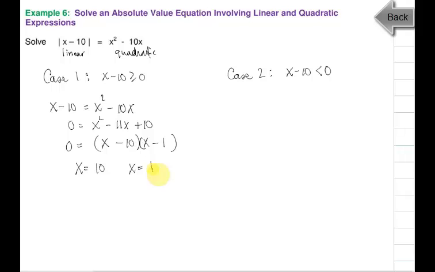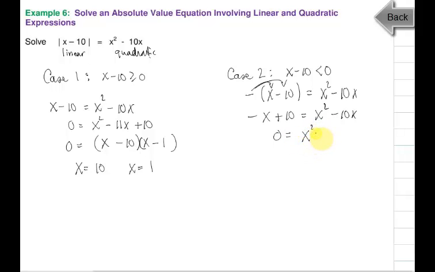Okay, and we go to our second case where x minus 10 is less than 0, so we want the negative version of that, and we make it equal to x squared minus 10x. We're going to distribute the negative, so we get negative x plus 10 equals x squared minus 10x. We have a quadratic, so make everything equal to 0.